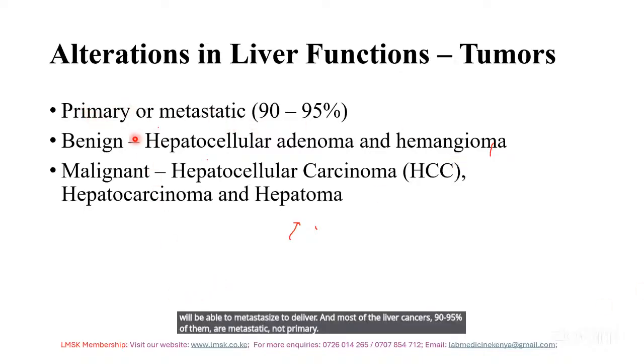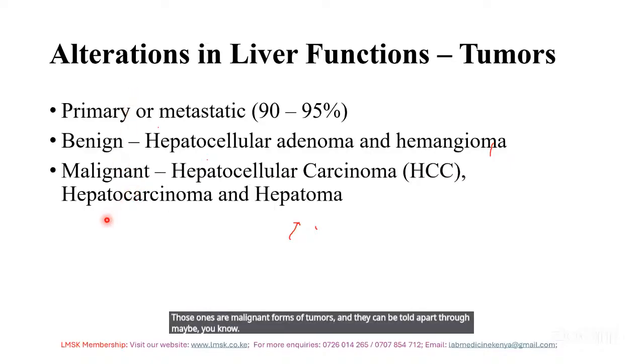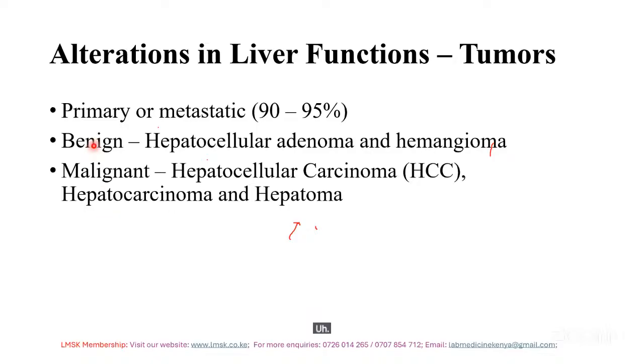Primary could be benign, such as hepatocellular adenoma or hemangioma, or malignant, such as hepatocellular carcinoma or HCC, hepatocarcinoma, or hepatoma. Those are malignant forms of tumors, and they can be told apart through fine needle aspirate or core biopsies. Someone can look at them and tell that they're tumors like that. So these are all things that are going to alter the liver functions.